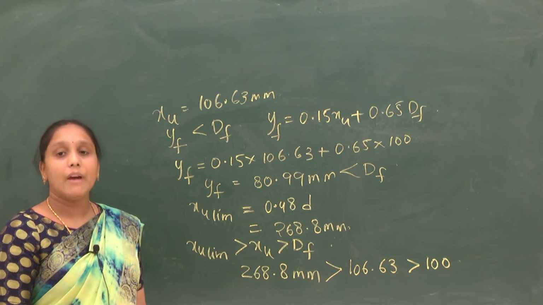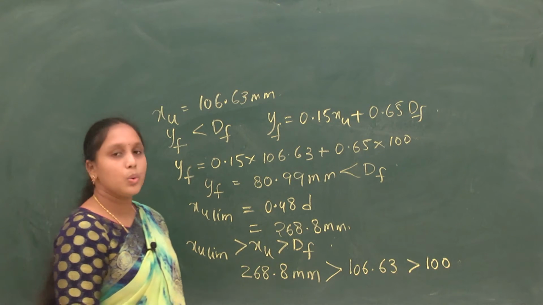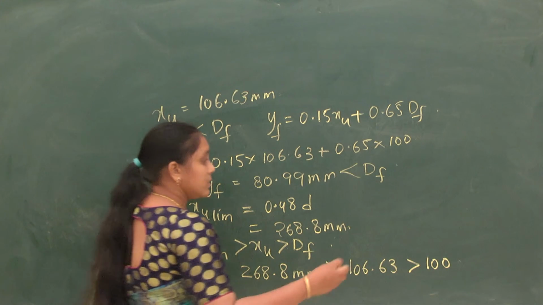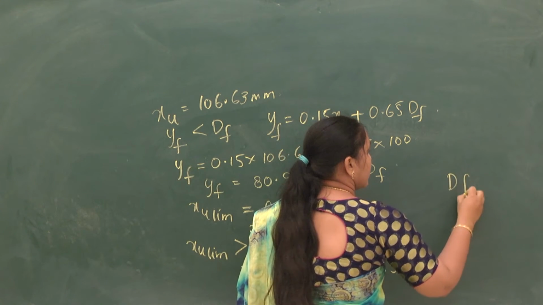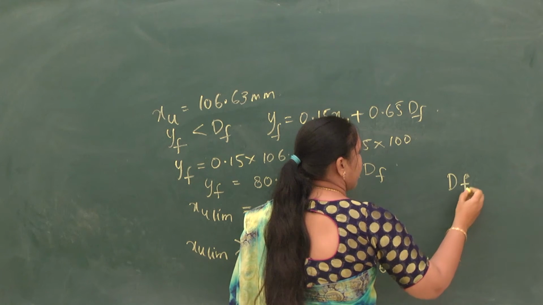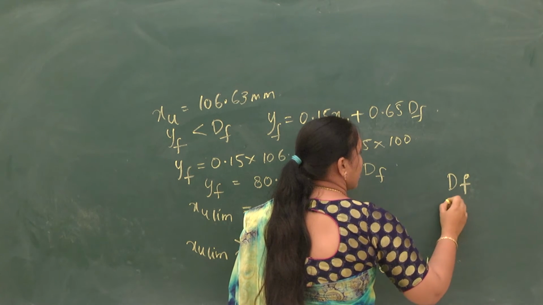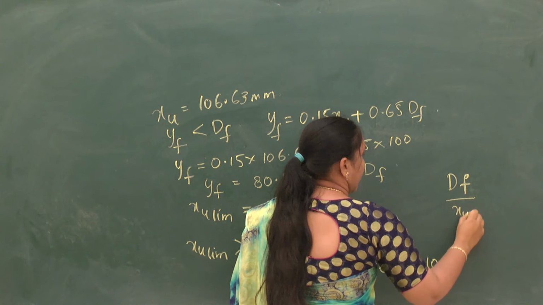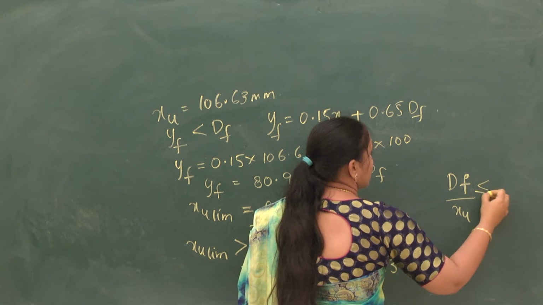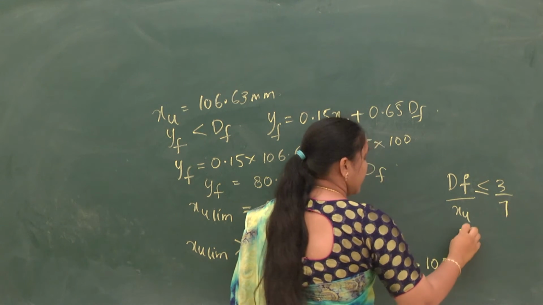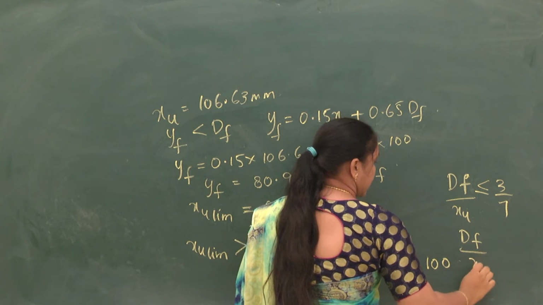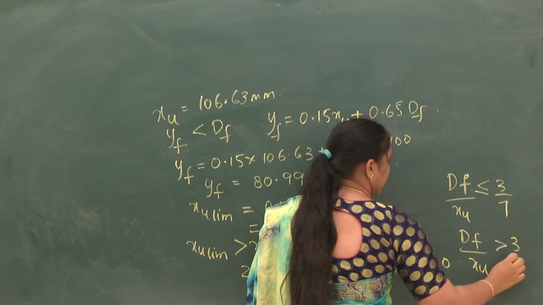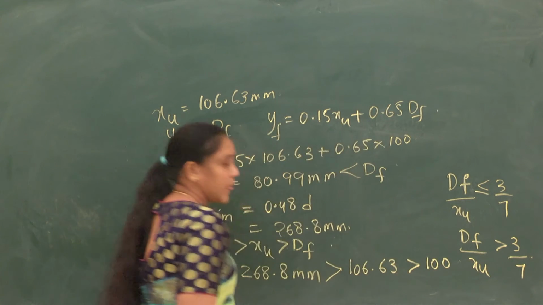Now what? We have two cases here. One case is df by xu is less than or equal to 3 by 7, and the other case is df by xu is greater than 3 by 7.